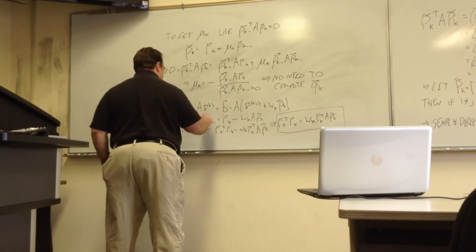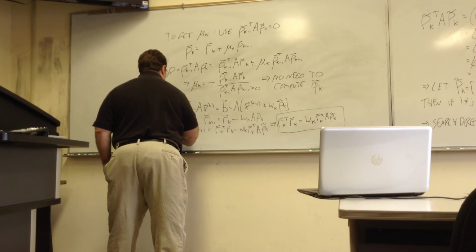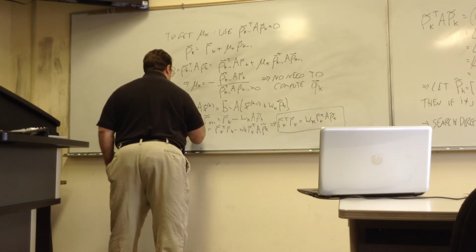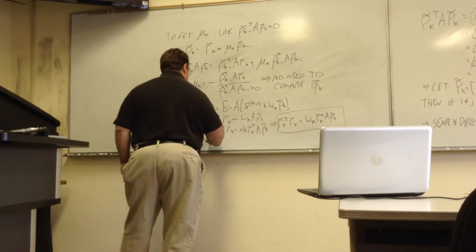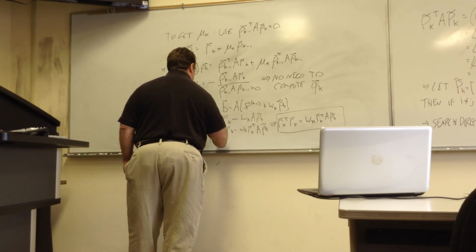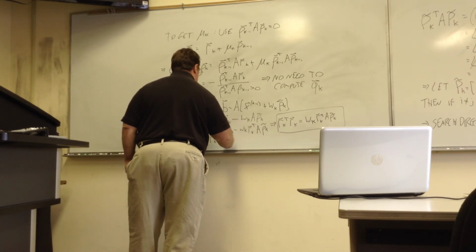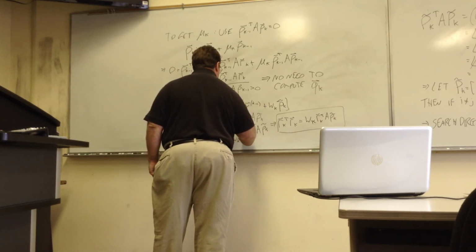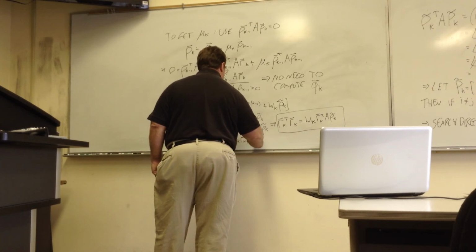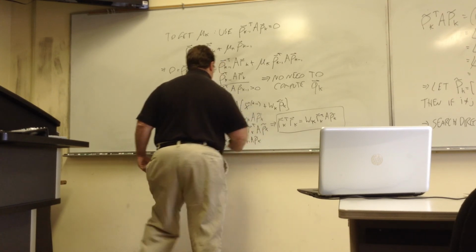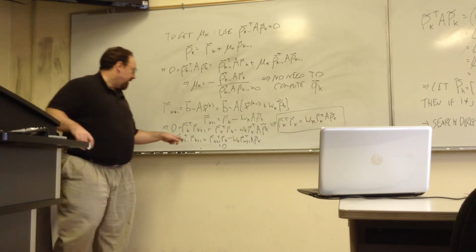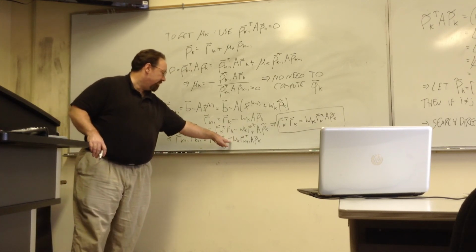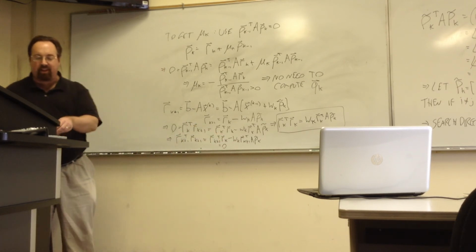So I have Rk plus 1 transpose Rk plus 1 equals Rk plus 1 transpose Rk, which is 0, minus Wk Rk plus 1 transpose A PK tilde.